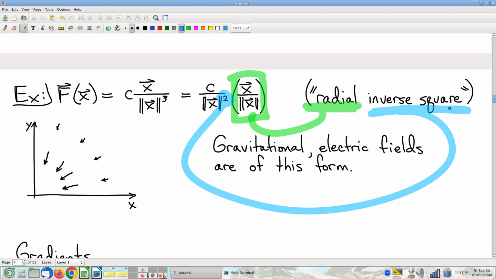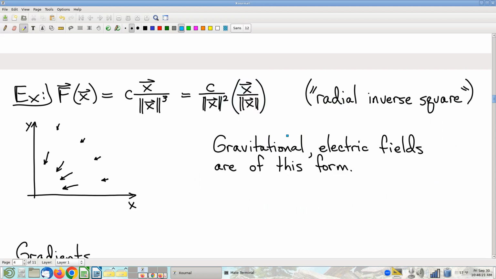So yeah, very important because, again, gravitational fields, this is what they look like. This is the formula for gravitational fields, and likewise, this is the formula for electric fields. So clearly a big deal in engineering. Yeah. For electric fields, usually when we draw them, the arrows are pointing out. So I only drew one here because I just wanted to have the one picture. Whether it points in or out depends on what this C is.